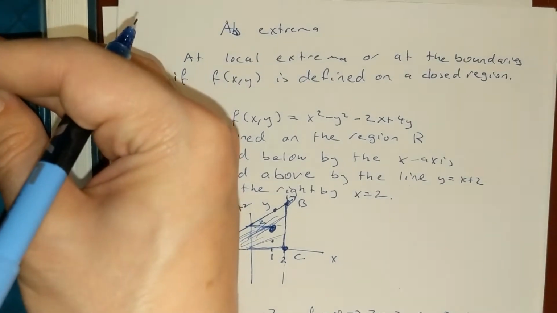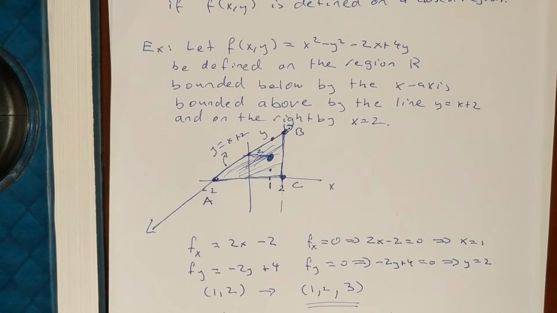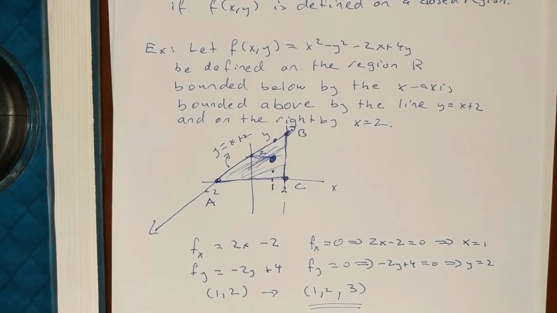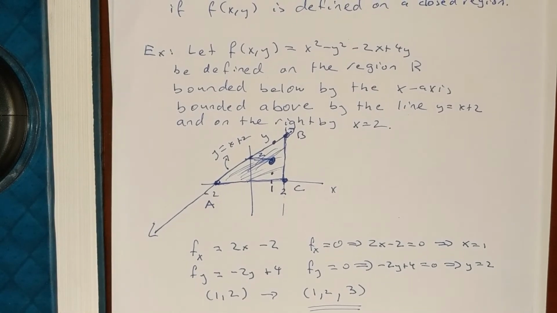Sorry, my camera is falling again. Let me try to fix that. Okay. So if we plug in this value here, what are we going to get? x squared minus y squared is going to be x squared minus (x plus 2) squared. Minus 2x, don't mess with that, plus 4, well, what is y? That's x plus 2, okay?